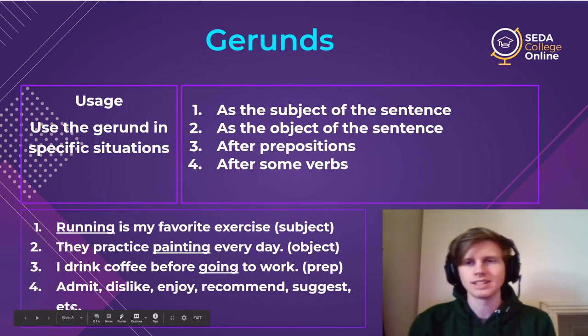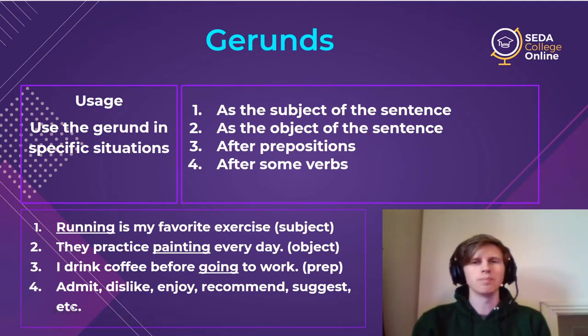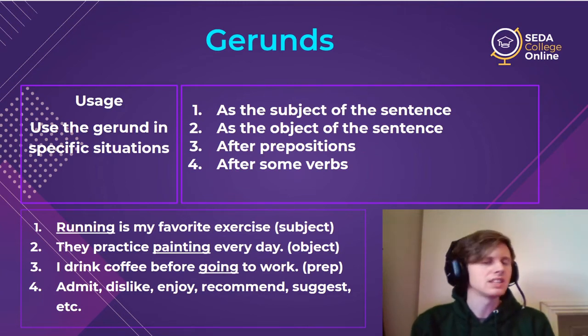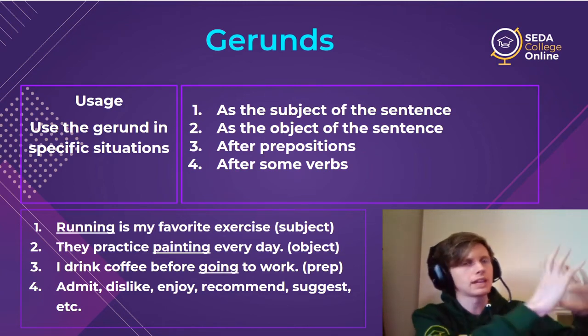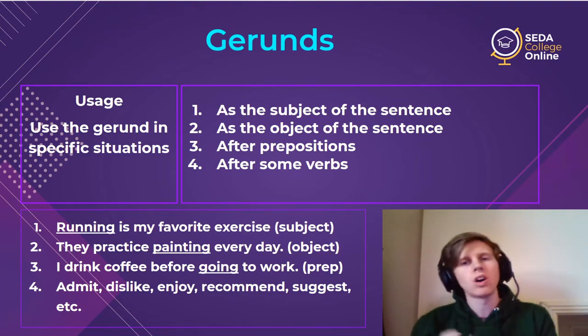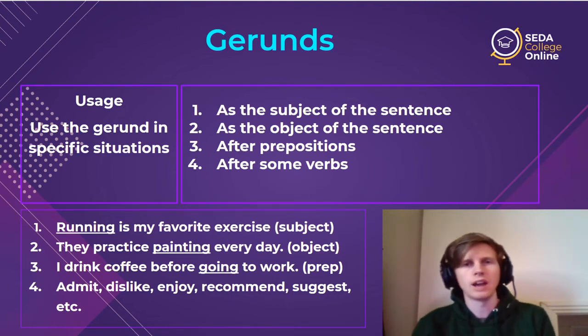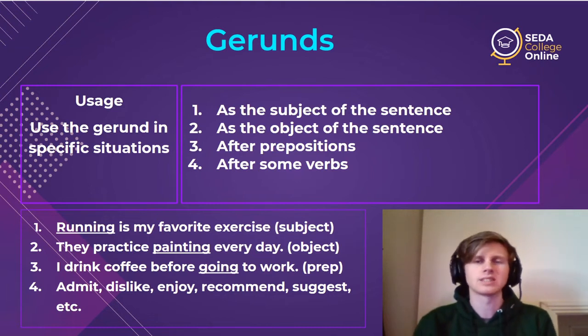So it's just more to memorize. I will say most verbs prefer the infinitive. That's kind of the biggest group. But there is a big group that also prefers the gerund, so I recommend searching for some lists and just beginning that process of memorization.